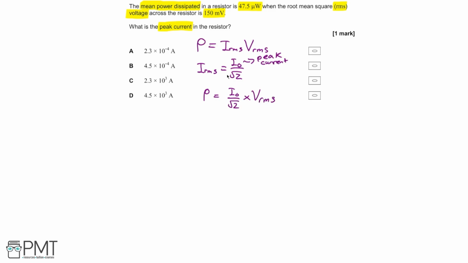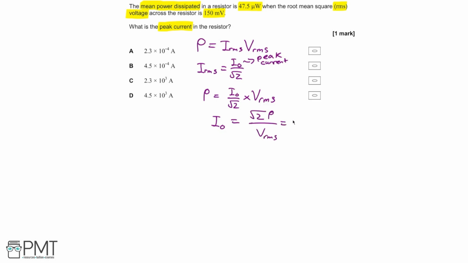We did this because we've been given VRMS in the question, and we've also been given the mean power, and we wish to find the peak current. We can then rearrange this equation for the peak current by multiplying both sides by the square root of 2 and dividing by the root mean square voltage, like so.